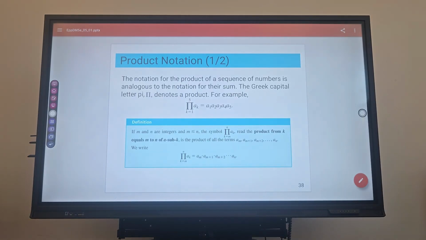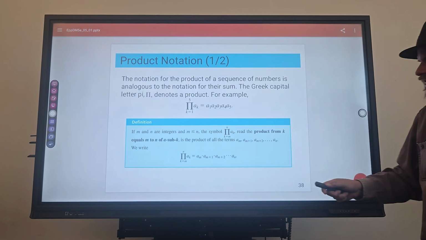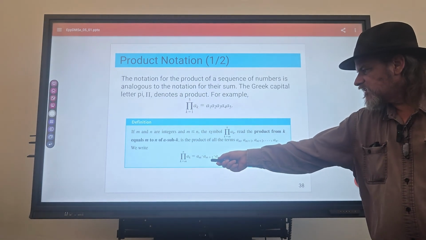If m and n are integers, and m is less than or equal to n, the symbol here, read the product from k equals m to n of a sub k, is the product of all the terms. So the expanded form is this here.